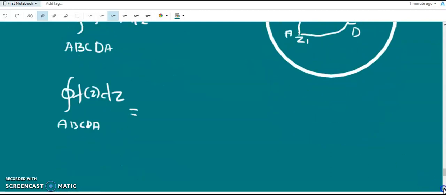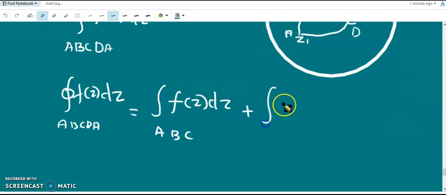So we can write this is equal to the line integral, this is not closed, of f of z dz over A, B, C plus the line integral of f of z dz over C, D, A. And according to Cauchy's integral theorem, this is equal to 0.